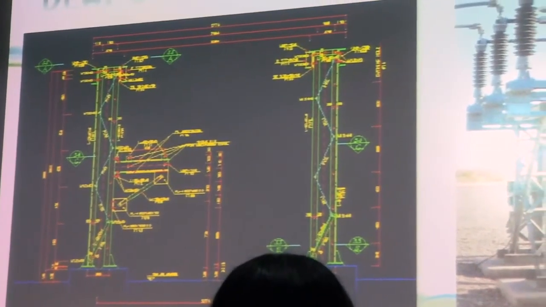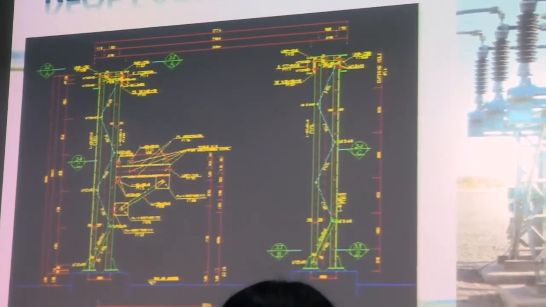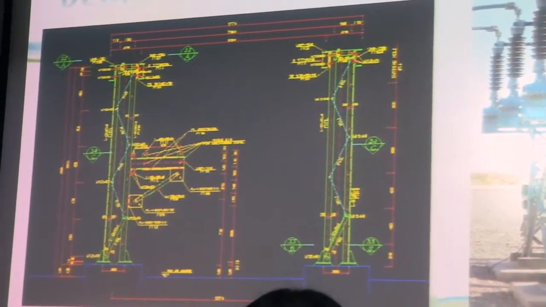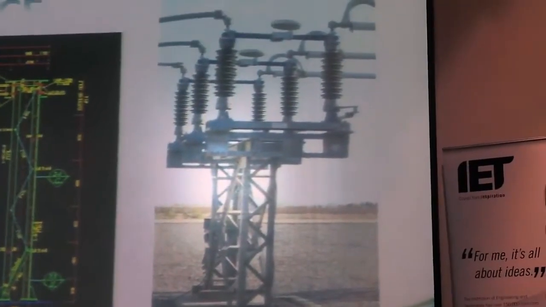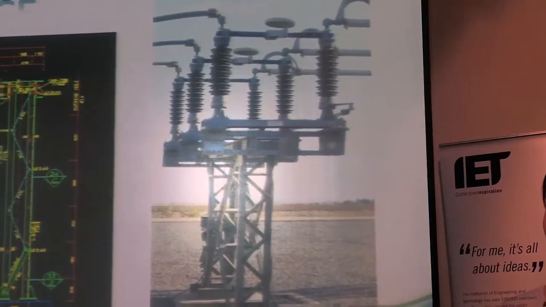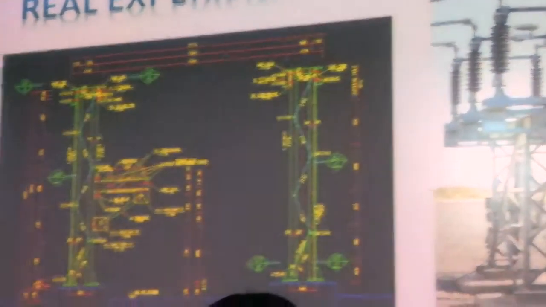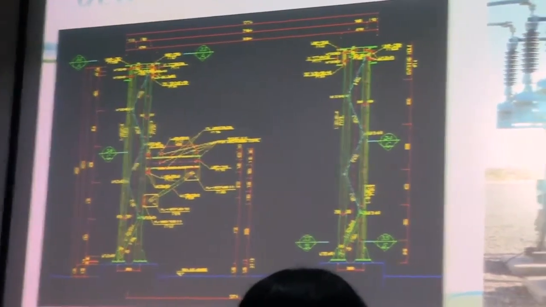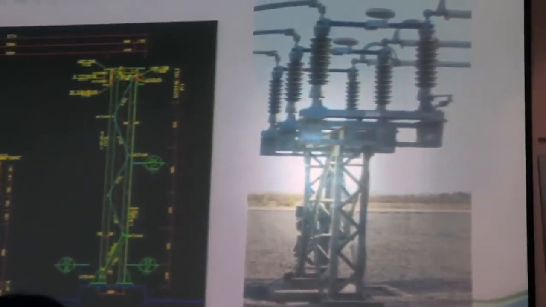foundation. And this drawing was supposed to be like this after installation, but actually the electrical department changed the dimensions of the equipment without informing us.